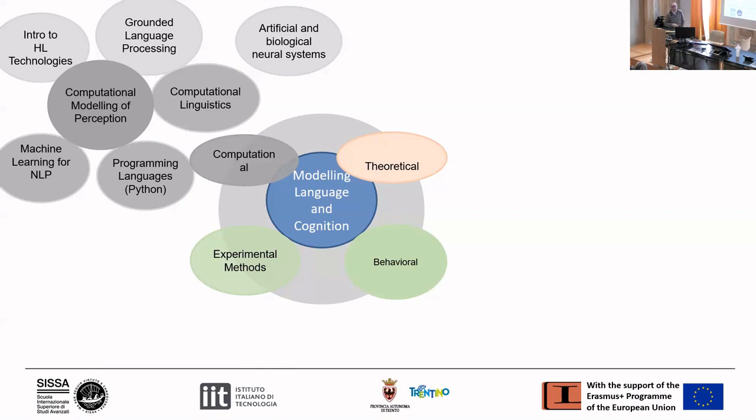Then we have the intro to human language technology. That's the part that I was mentioning that is done by people like those at FBK, for instance. Fake news detection is a big thing at the moment. That's where we can study that.